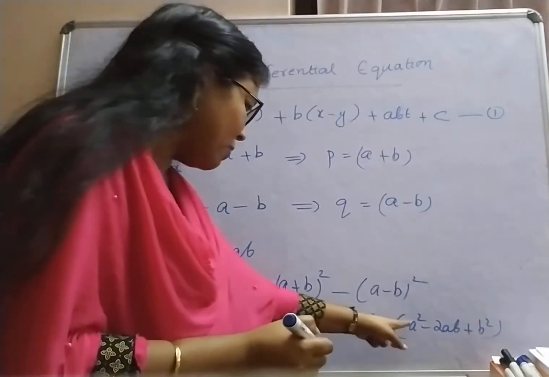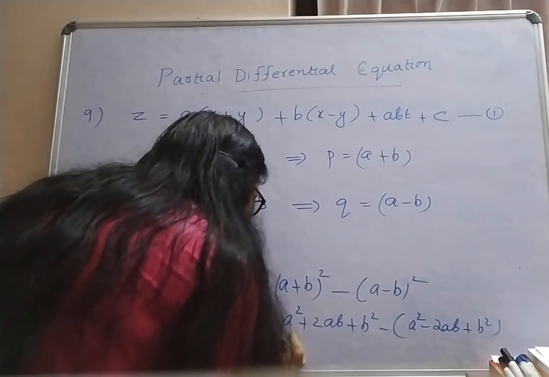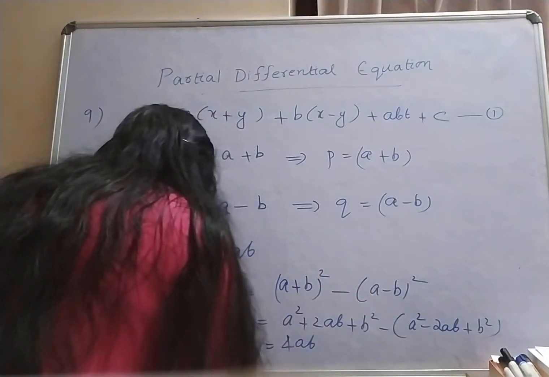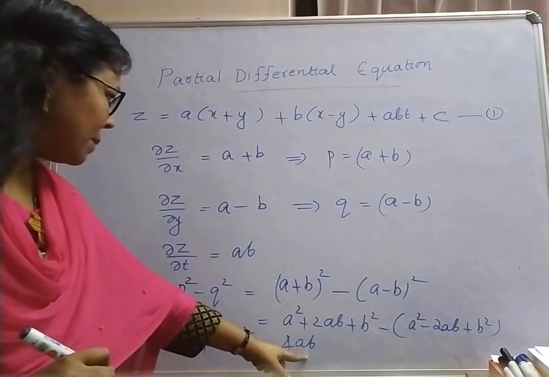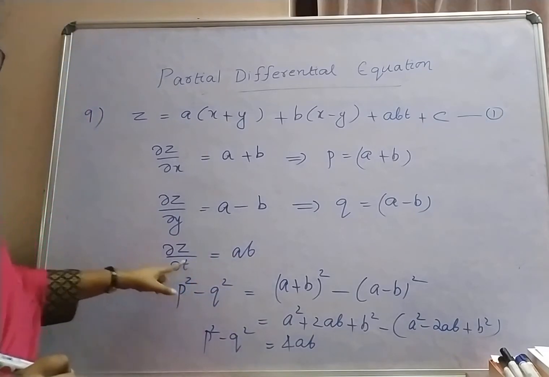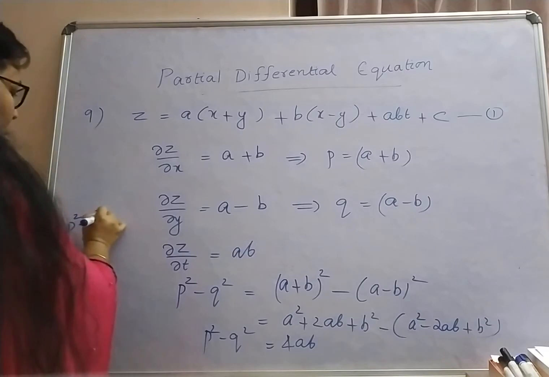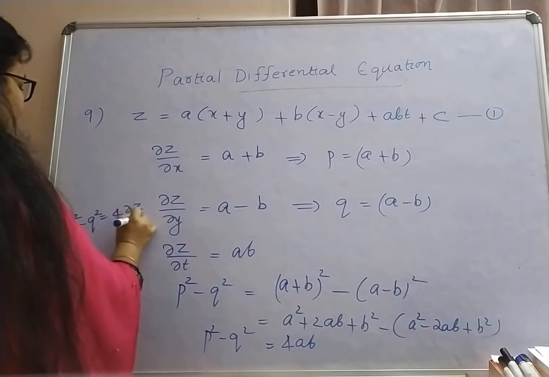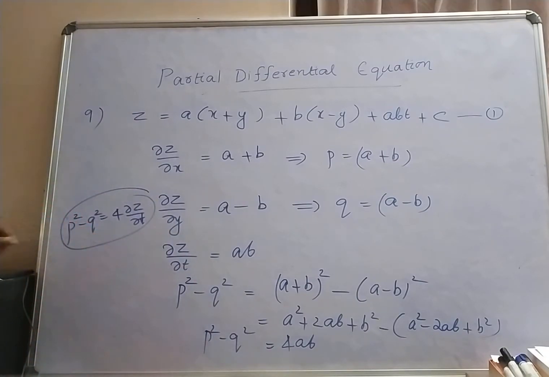The a square will be cancelled, b square will be cancelled, then we get 4ab. P square minus q square equal to 4ab. Then what is ab? ab is dou z by dou t. Therefore, we get p square minus q square equal to 4 dou z by dou t, which is the required PDE.